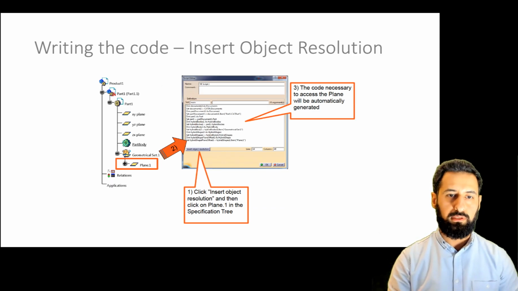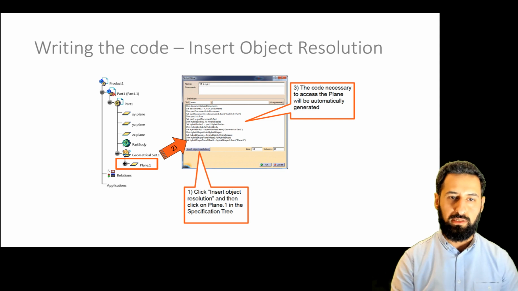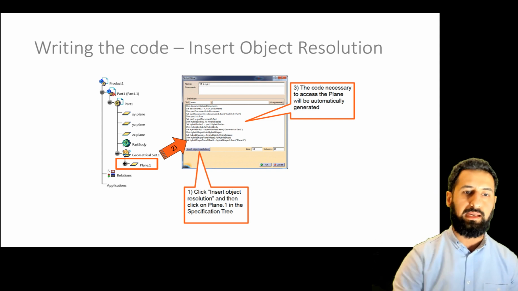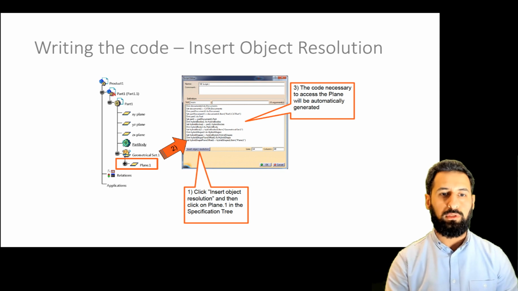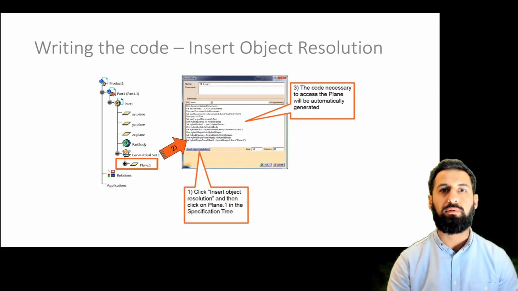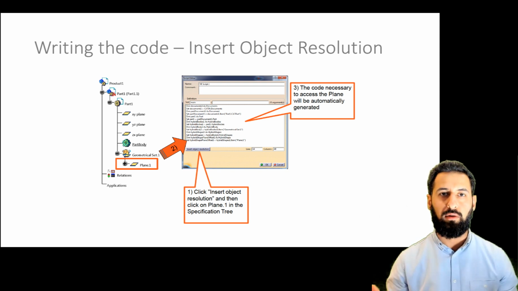Another possibility is to create a reaction, and while you have created a reaction, there is a function which is called insert object resolution. If you press that function, then you can press on, in this case, plane.1. And when you press plane.1, then you get all the necessary code needed in order to locate plane.1 in the object library.